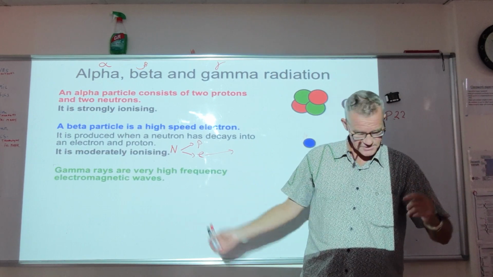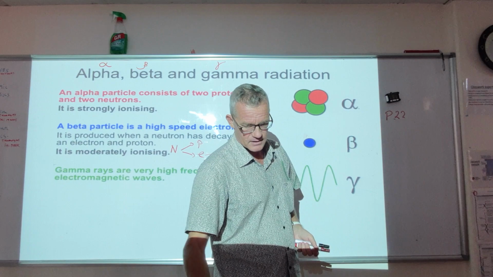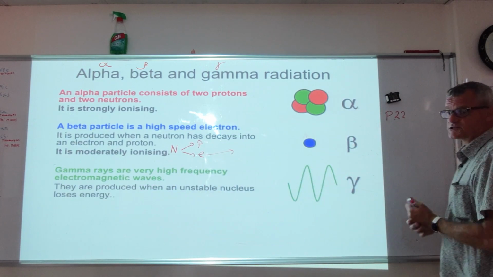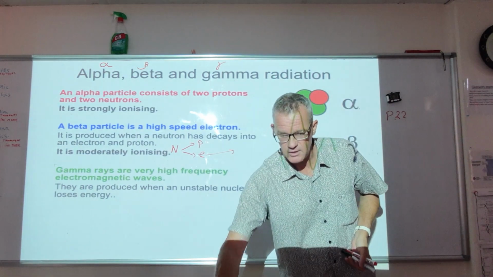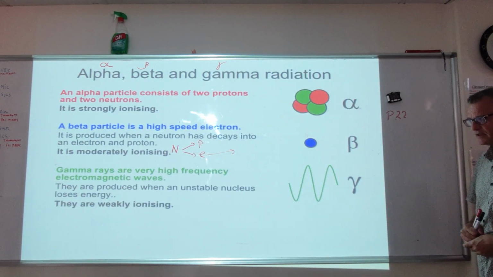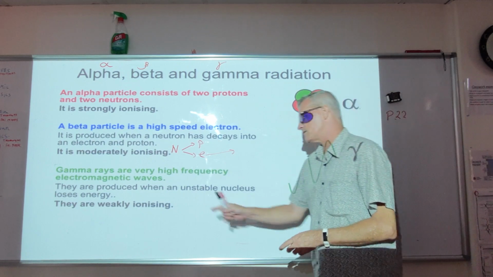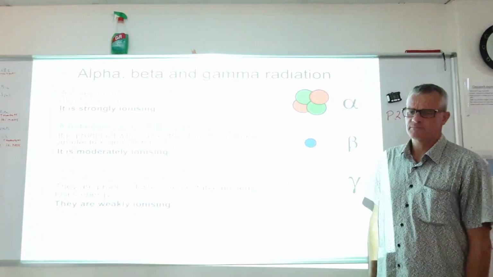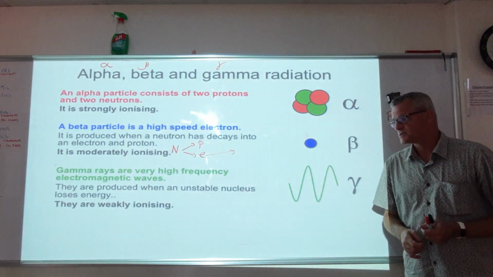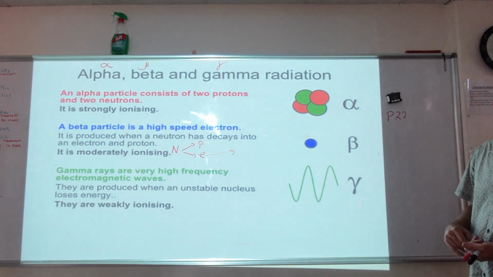They behave just the same as light. However, their ionization is the lowest. They are weakly ionizing, and they are produced when an unstable nucleus loses energy.